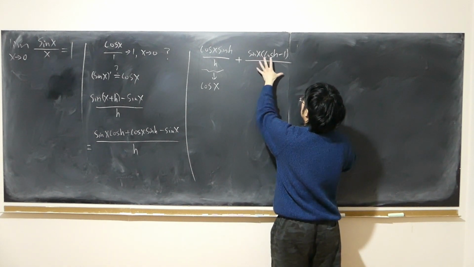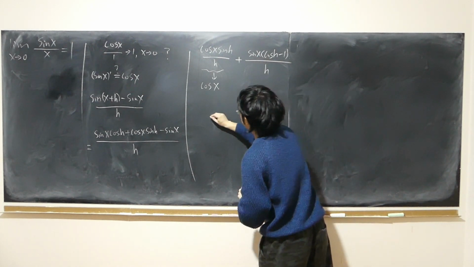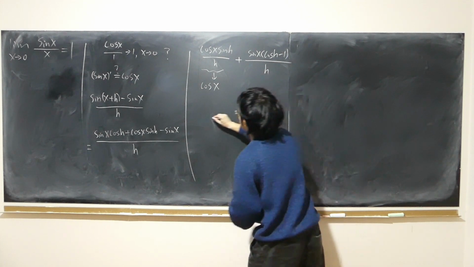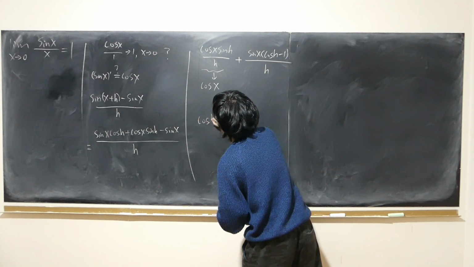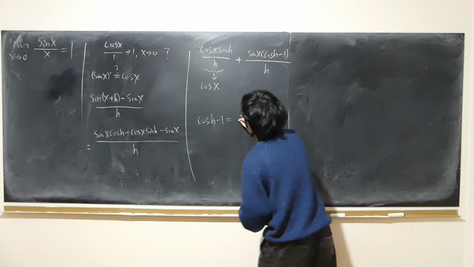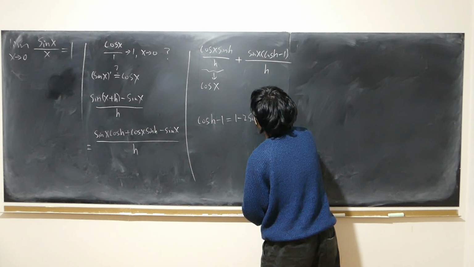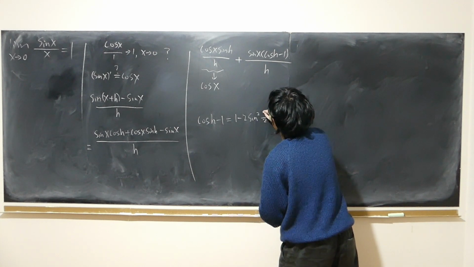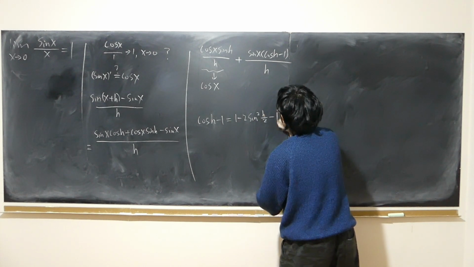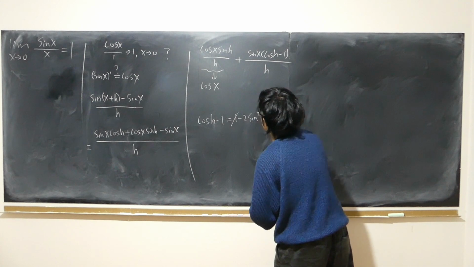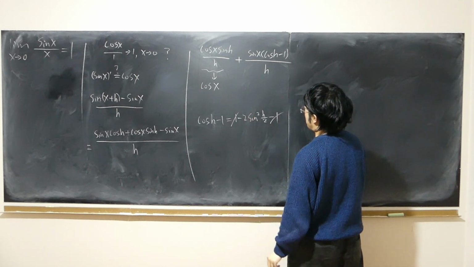So how about this other part? First of all, cosine h minus 1 is equal to, by the double angle formula, 1 minus twice sine squared of half h, then minus 1. The 1 and minus 1 cancel out.